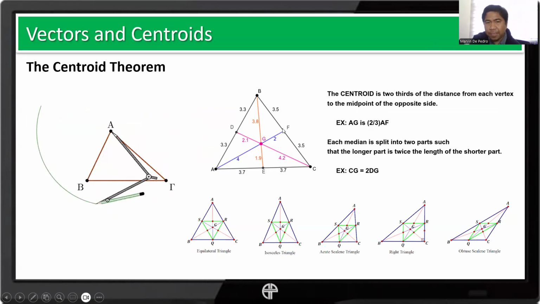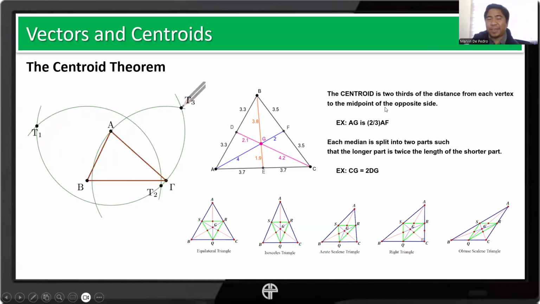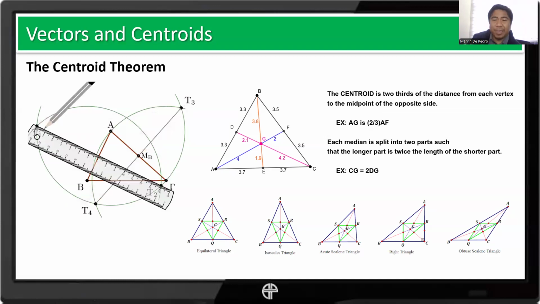If AF is 4 plus 2, which is 6, then two-thirds of 6 is 4. That's just one of the three parts of a triangle, so you can do the same for the other two.